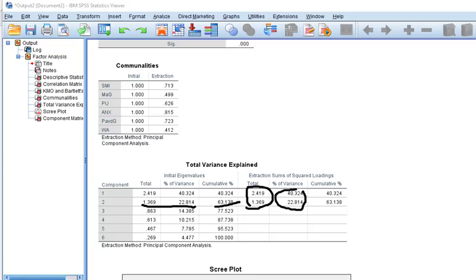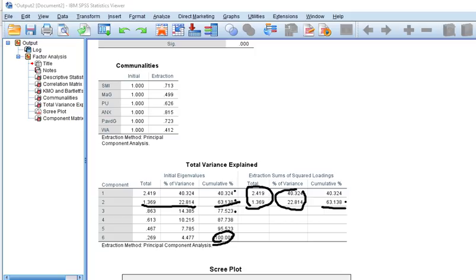Prior to rotation, the cumulative percentage will add up to 100% of the variation in the measured variables. After we decide how many to retain, using the eigenvalue cutoff rule, we have two components accounting for about 63% of the variation. So there's a pretty good indication, at least using that rule, that we would want to retain two components.